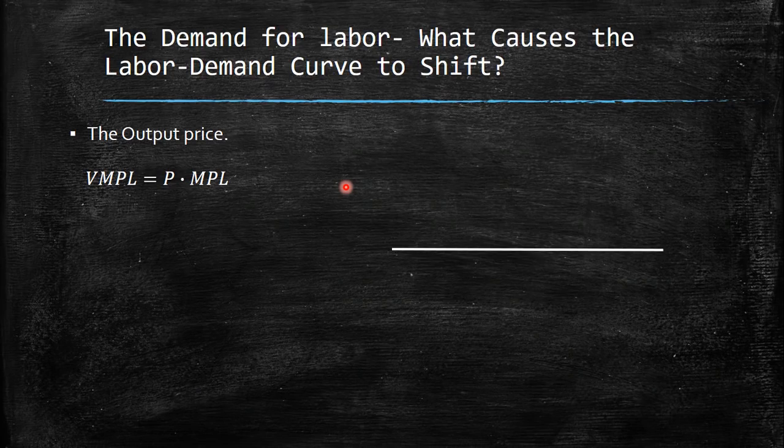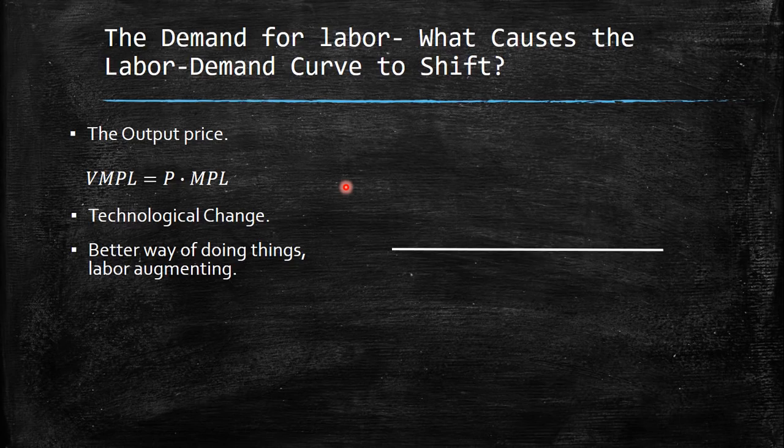If the price of apples is higher, naturally I will have more incentive to produce more, and the demand for labor shifts to the right. If the price is lower, naturally I will hire fewer workers and the demand for labor will decrease. Another factor is technological change. Most of the time we talk about labor augmenting.